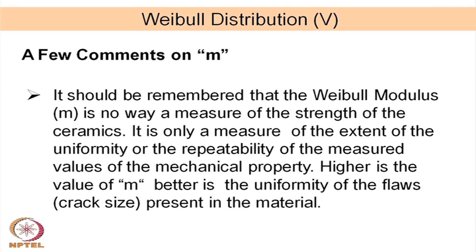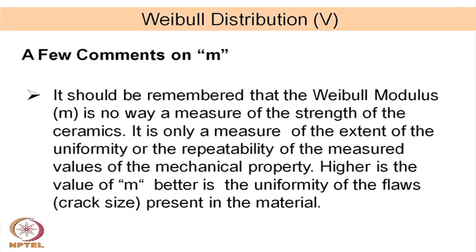Sigma is the actual strength, or the fracture strength, with different samples, and the modulus is not a strength here, unlike the modulus of rupture and so on. Modulus of rupture, which we have discussed earlier, MOR, is certainly an actual strength of the material, but m is not a measure of the strength.